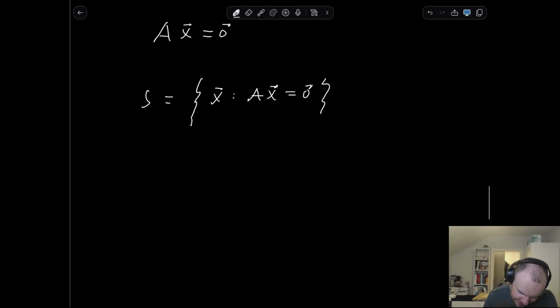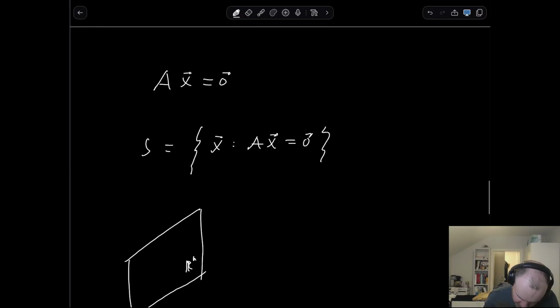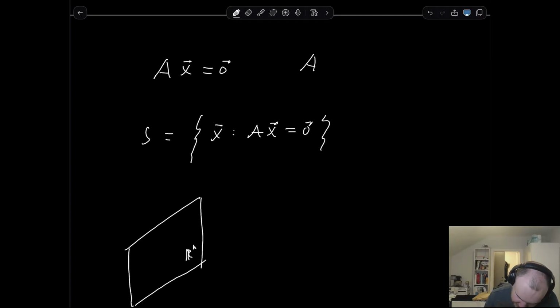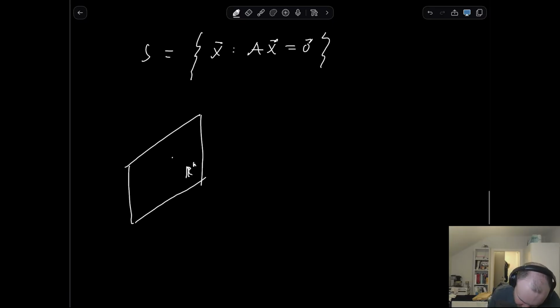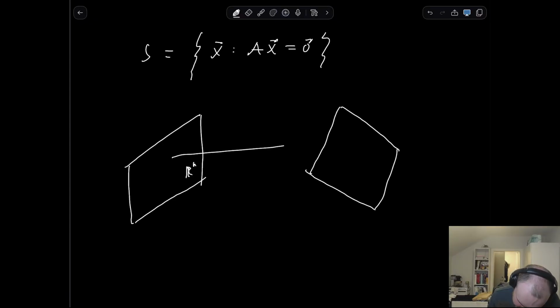You can say it even better. It is the vectors in R^n, because A is m by n, that are transformed from R^n into the space R^m, and they are mapped into the 0 vector.